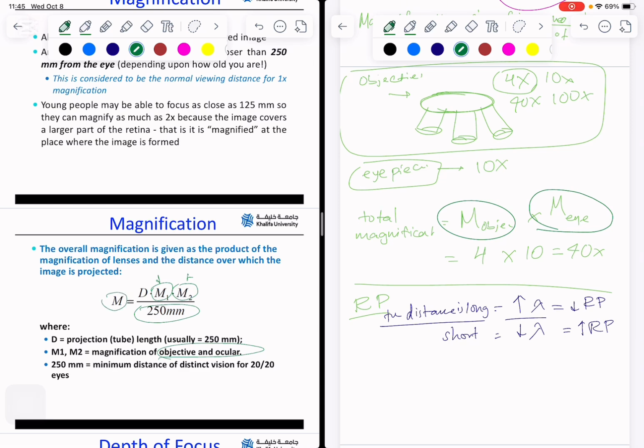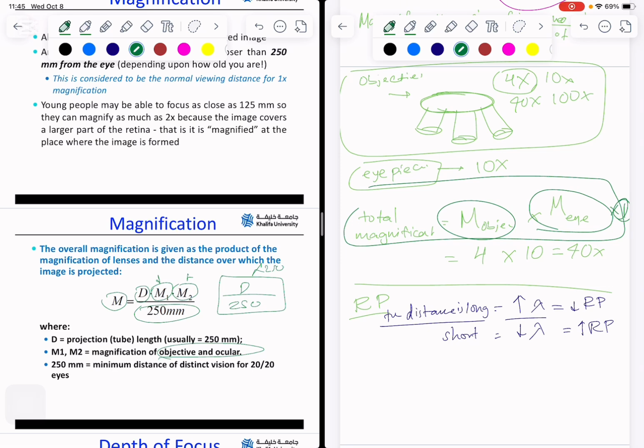But then we see something called D over 250. I didn't include it in this equation because typically it's times 1. The 1 is a result of D over 250, so if it's 1, the D is probably 250. Where does this 250 come from?